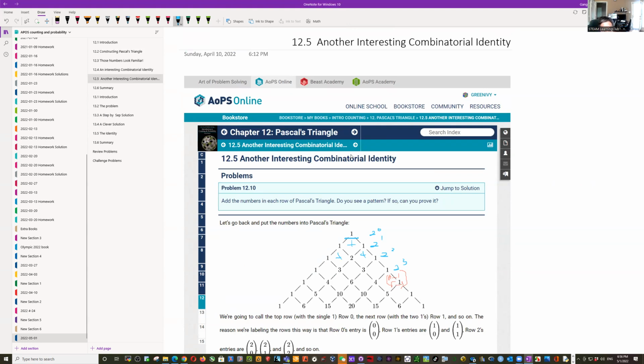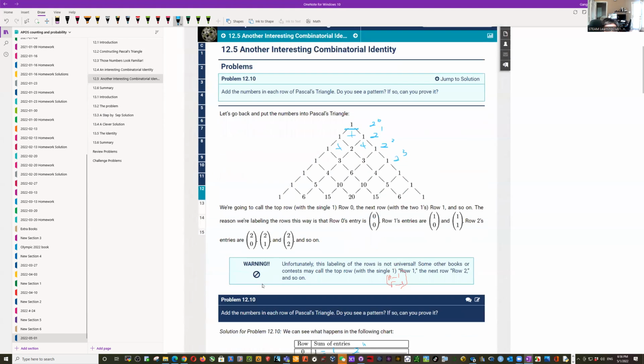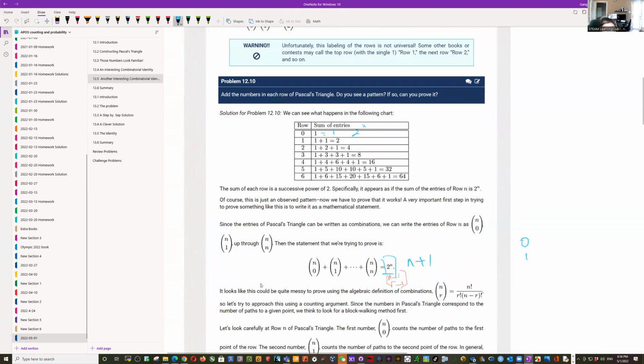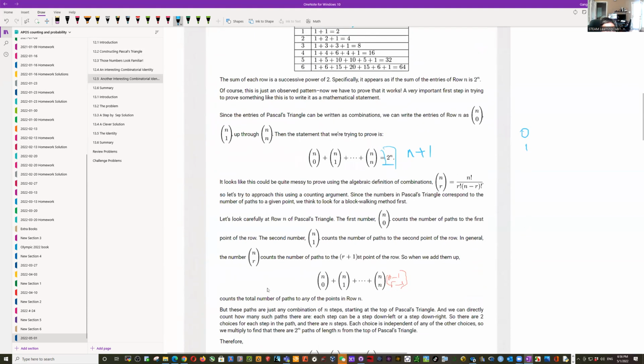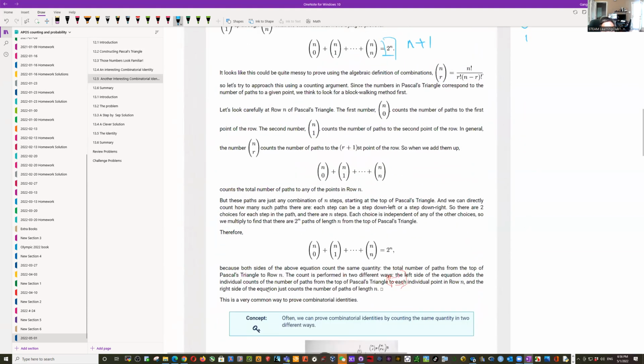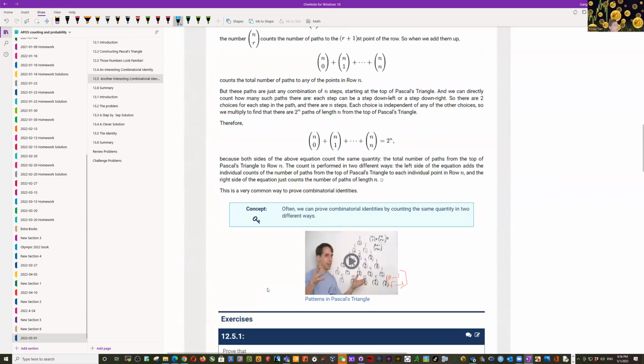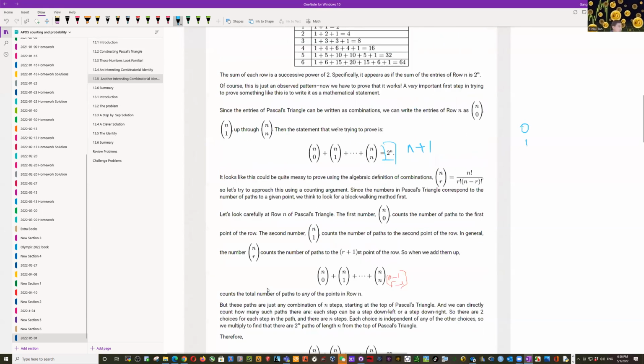From the rule of Pascal's triangle, it's kind of self-evident. I don't have to spend a lot of time proving it.